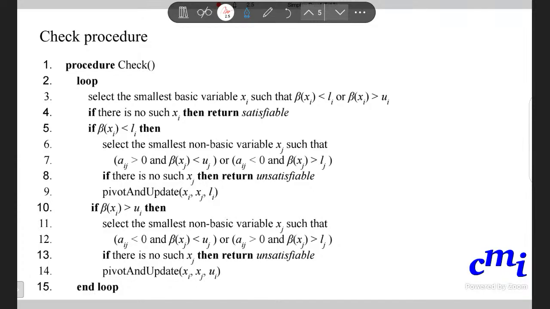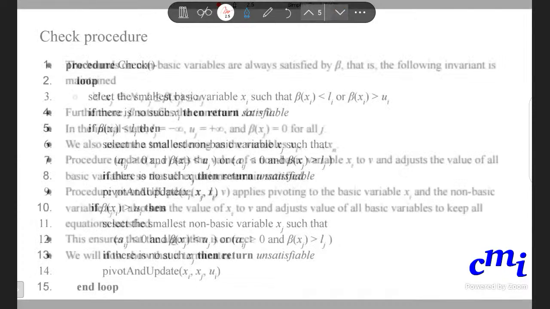If such an xj is available, then we update it and pivot the two, putting xi in non-basic and xj in basic, and then update the tableau accordingly. If there is no such xj, then we return unsatisfiable. This we have already gone over, so I won't spend too much time.